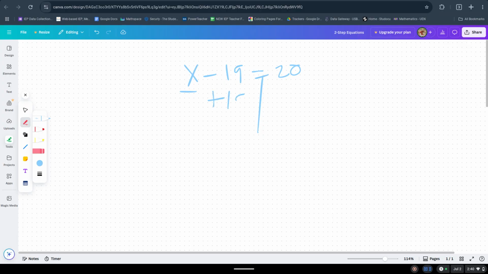So we add the 19, and then this zeroes out, which we've talked about. Whenever we are adding or subtracting something, we want it to zero out, and then we drop down what we have left. So we have x left, and we drop down that equal sign, and then we do the math over here. So 20 plus 19 gives us 39.